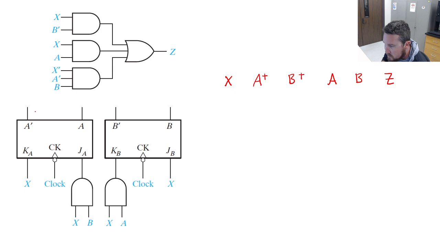Let's say that A plus has to equal JA and A prime or KA prime and A. JB, so B plus, is going to be JB and A prime or KB. Oops, I got that backwards. No A's involved.